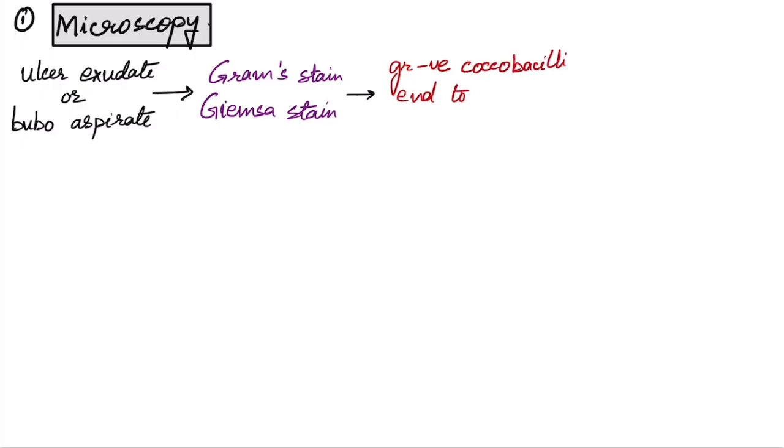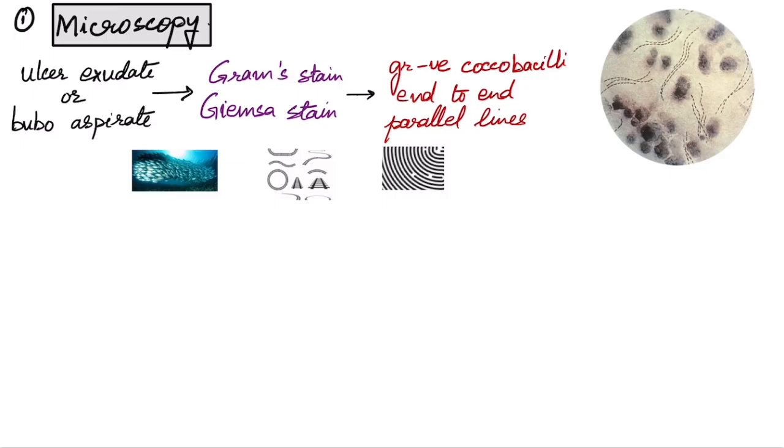Each bacilli is arranged end to end, and these are in parallel lines, as we can see in the picture. This arrangement is also known as school of fish, railroad track, or fingerprint arrangement because of the similarity.